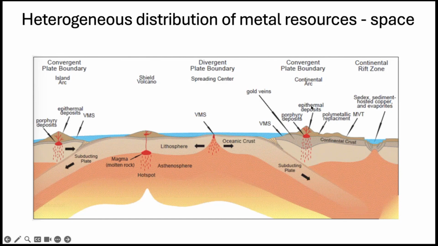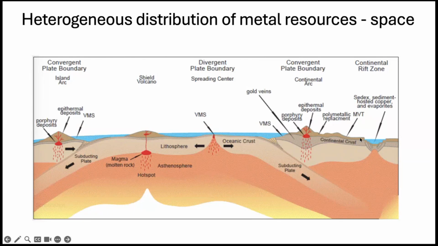As we go further east, we see we're subducting now underneath a continent. Associated with that, with orogenesis and mountain building, we have again porphyry deposits and epithermal deposits, with lots of gold vein deposits. Then in the back arc, we're rifting continental crust, and we have sediment-hosted type deposits and evaporite deposits.